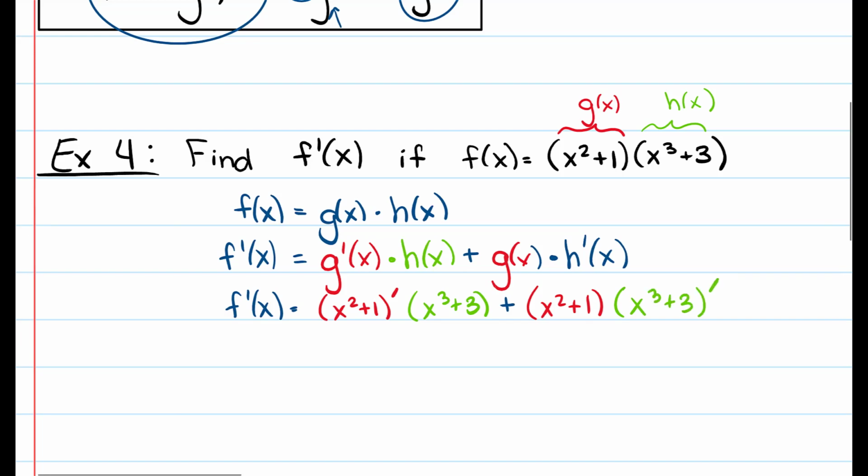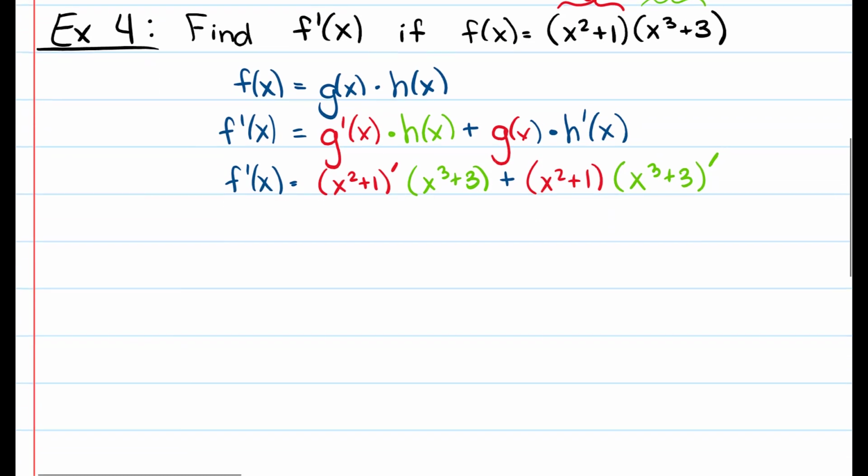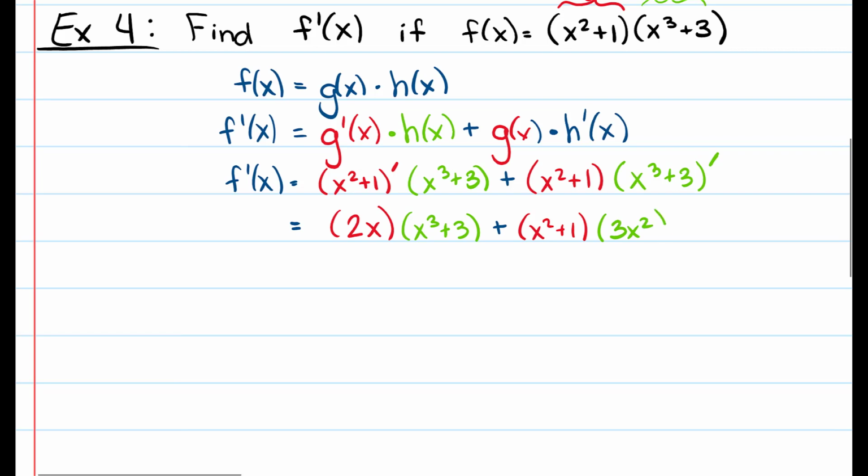And again, those little apostrophes stand for derivative. So we get that this is equal to, and the derivative of x squared is just 2x, so times x cubed plus 3, plus x squared plus 1 times the derivative of the green piece, which is 3x squared.